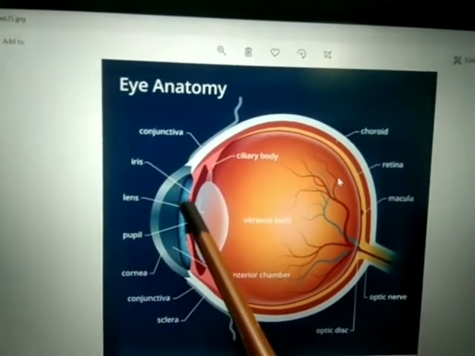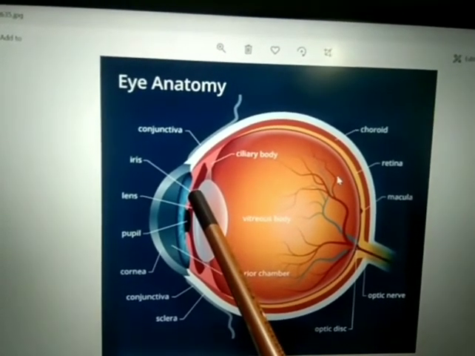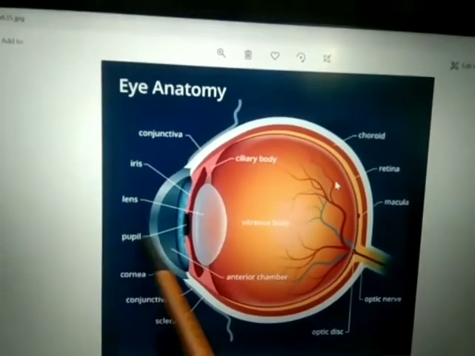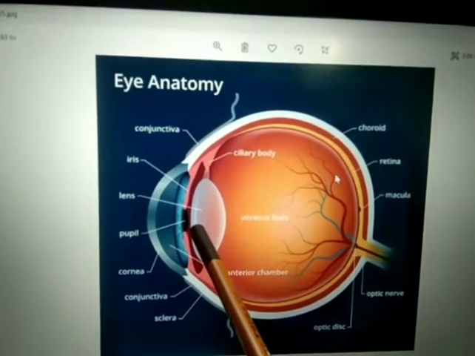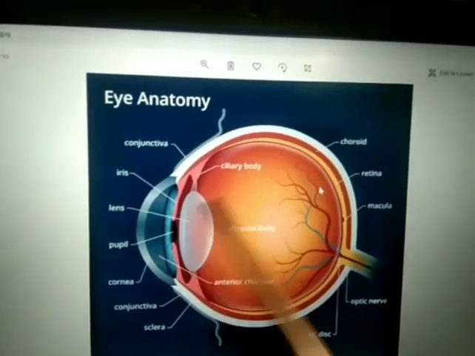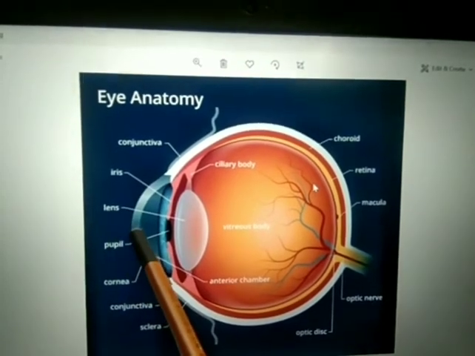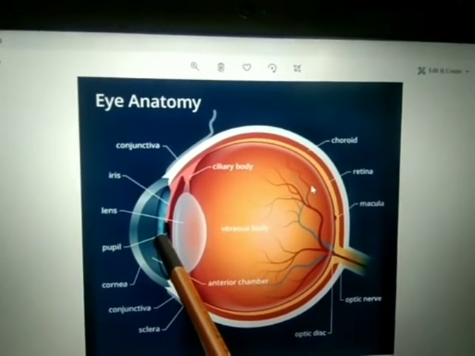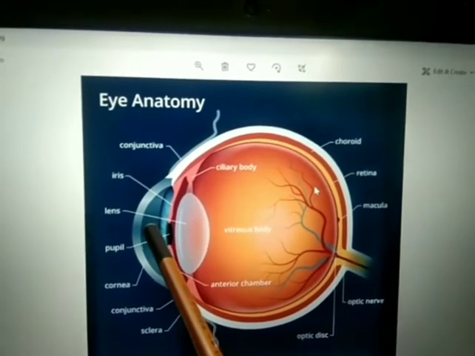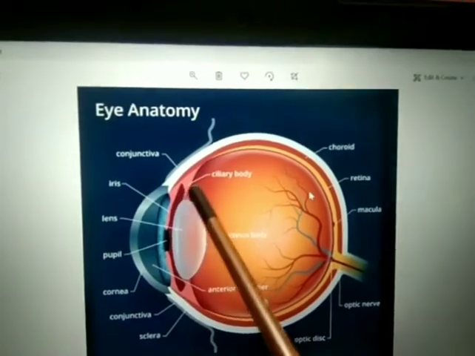This is the iris, and this iris is controlling the size of the pupil, and the pupil is allowing the light to enter into our eye. Then we have this center portion between the cornea and the eye lens, which is filled with a plasma-like substance, and this is helping in the refraction of the light.